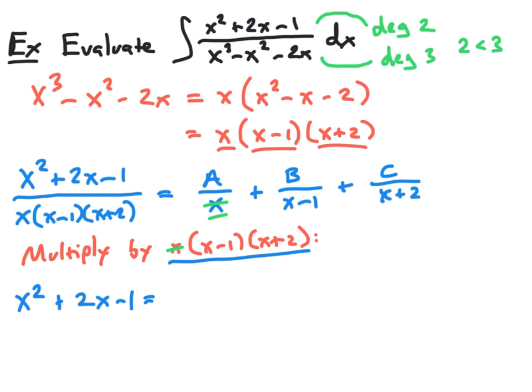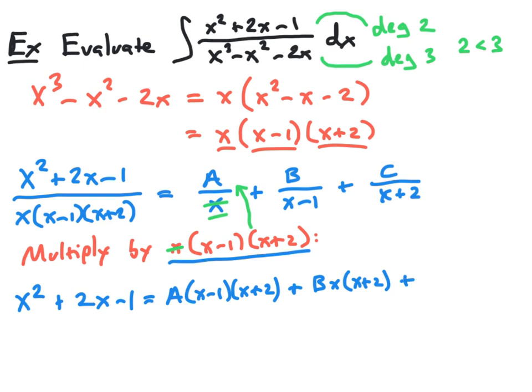But the other two factors, x minus 1 and x plus 2, will remain, and we'll end up just multiplying a by those two factors. So here we're left with a times (x minus 1) times (x plus 2). Again, the x does not appear there because it cancels with the x in the denominator of a over x. When we multiply the b term by this quantity, the x minus 1s will cancel, and that will leave b being multiplied by x and x plus 2.